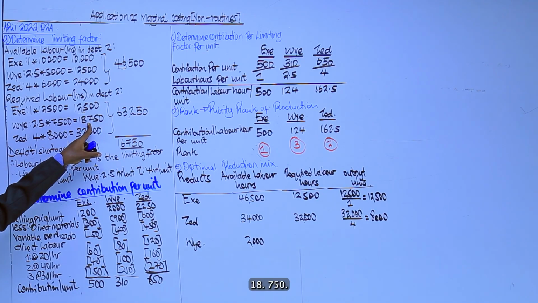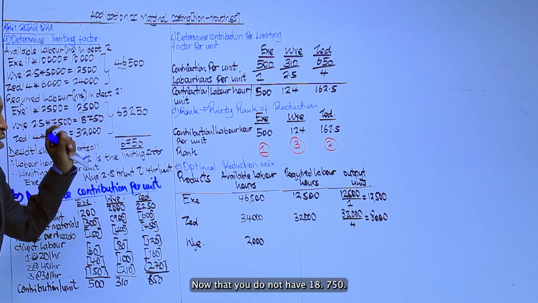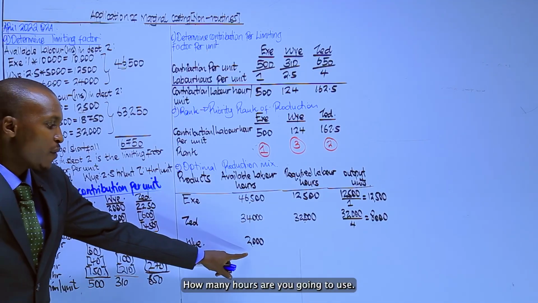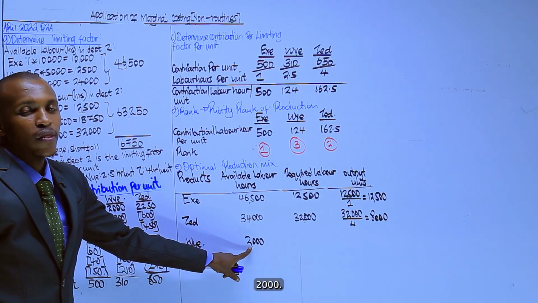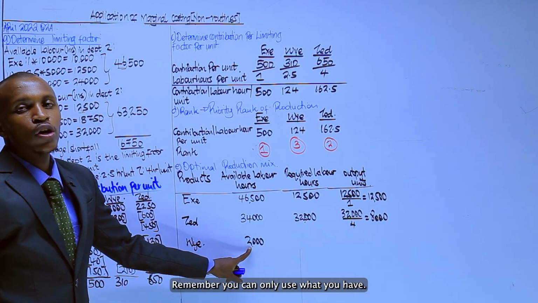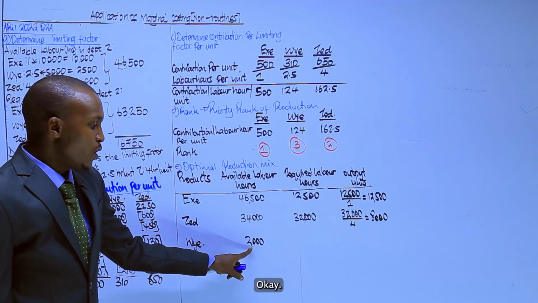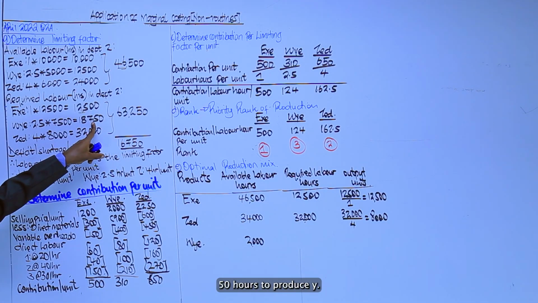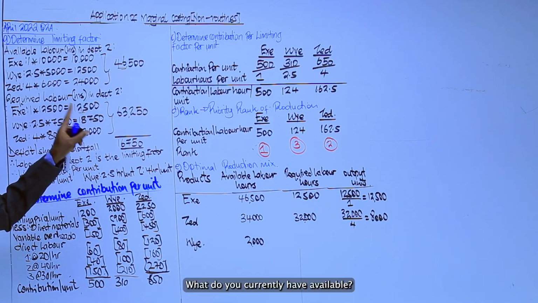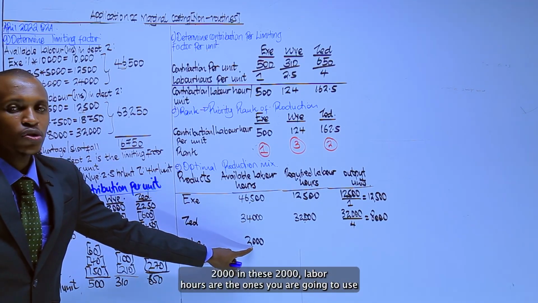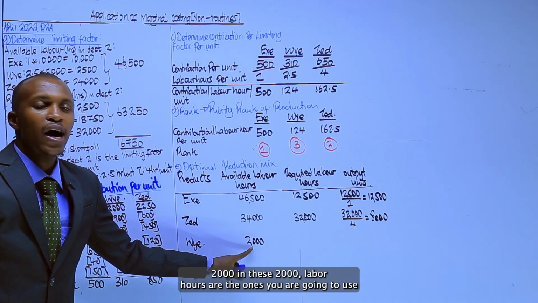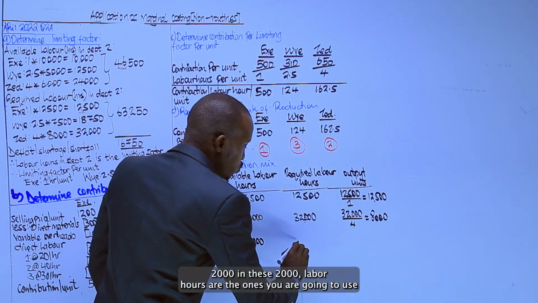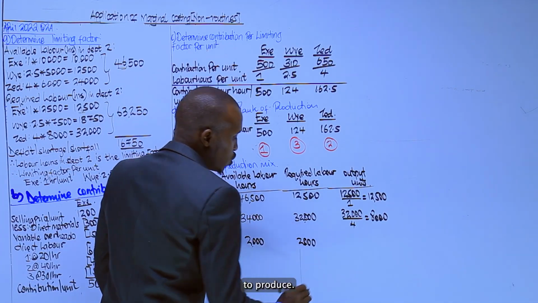Remember, you can only use what you have. Even if you require 18,750 hours to produce Y, what you currently have available is 2,000.